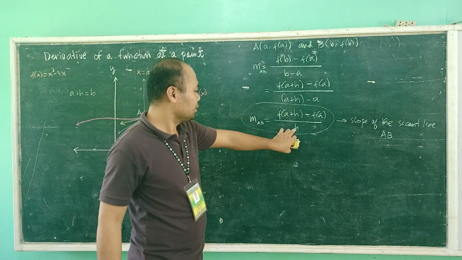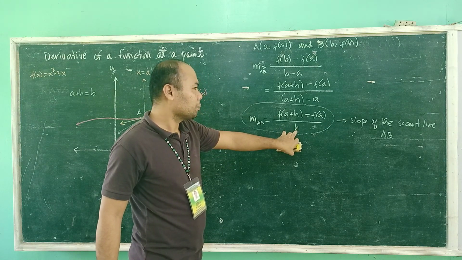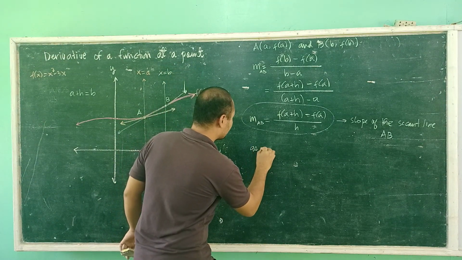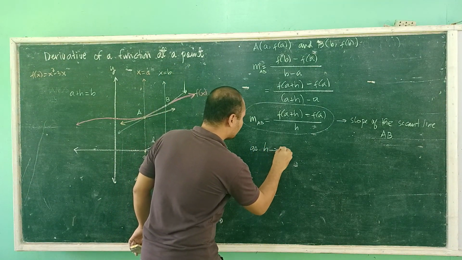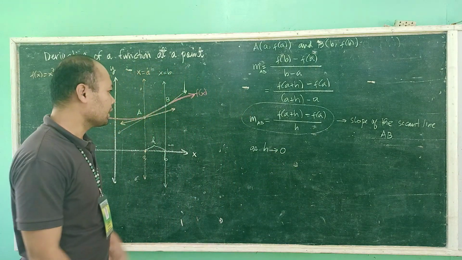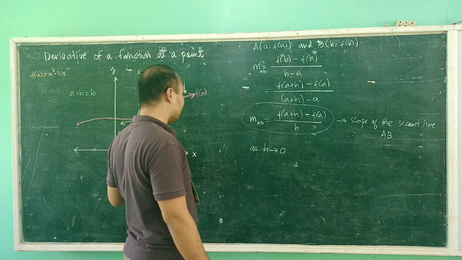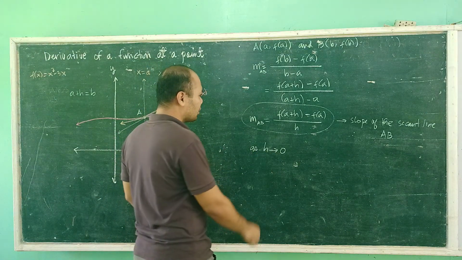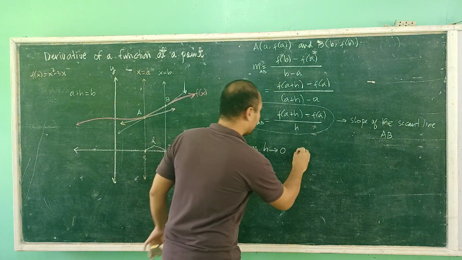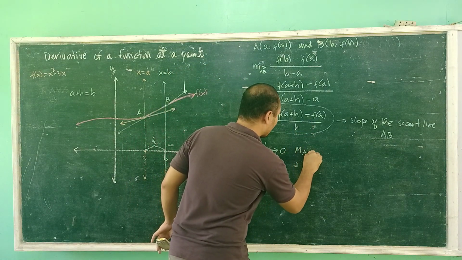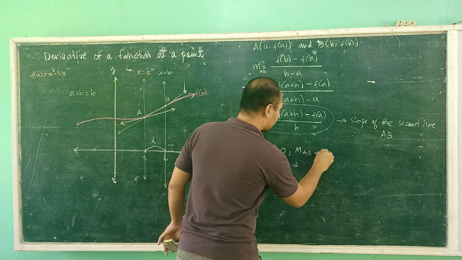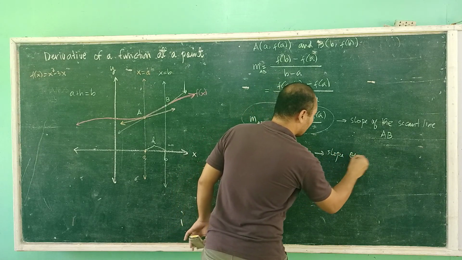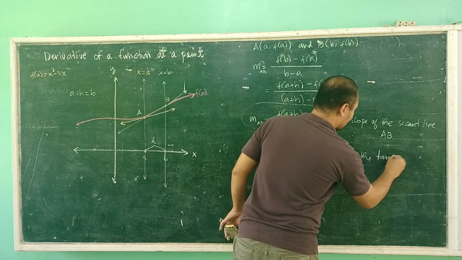What I mean is, as h approaches 0, as the distance between a and b is very small positively, this slope m, the slope of ab, will approach the slope of the tangent line.